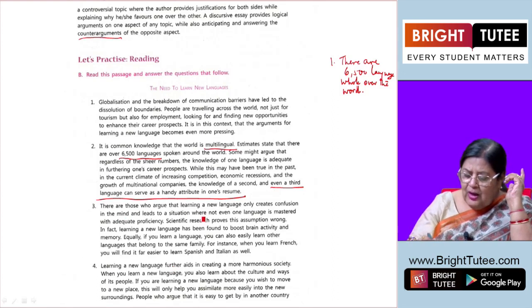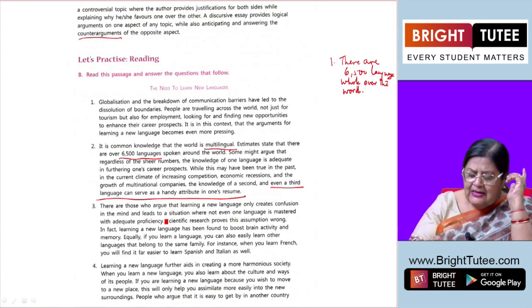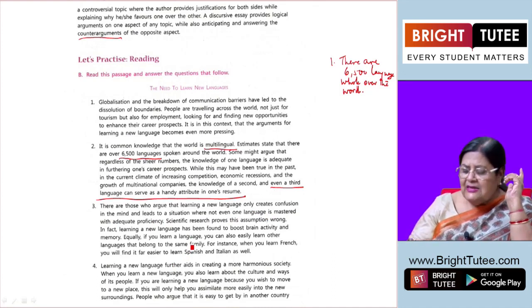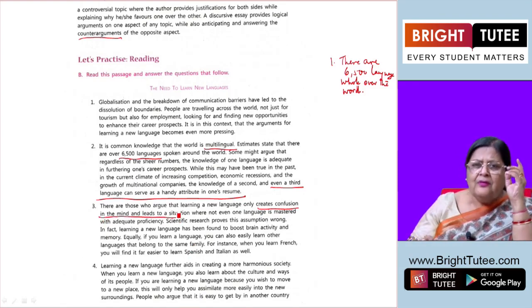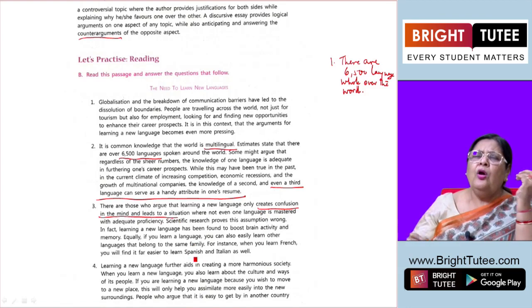There are those who argue that learning new languages only creates confusion in the mind. People say that learning too many languages creates problems in your mind. Obviously, a normal person cannot learn four languages at a time because their mind doesn't permit.